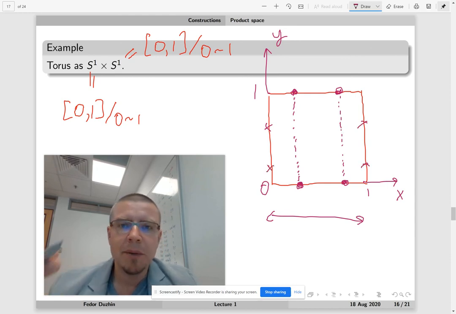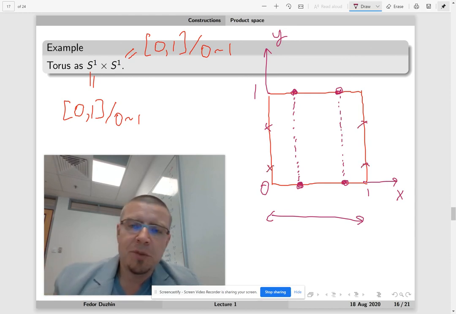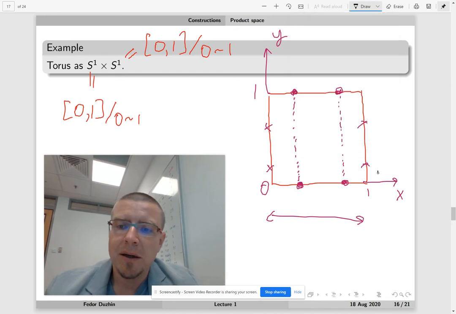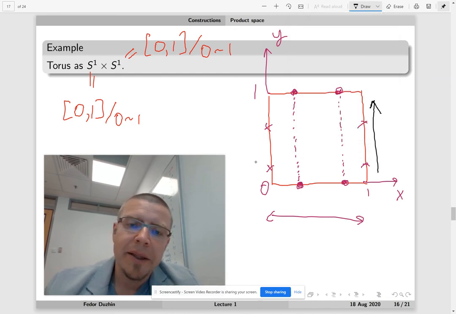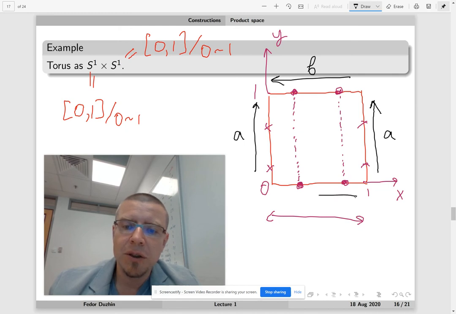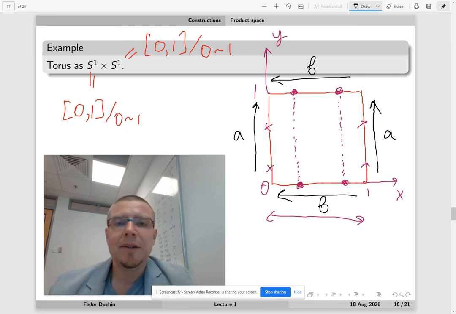If you think about which points we should glue to which points, you will see that this is exactly the same as this labeling, identifying gluing via labeling along edges. Like this A is to be glued to this A, and this B is to be glued to this B. Which means that this is a torus.